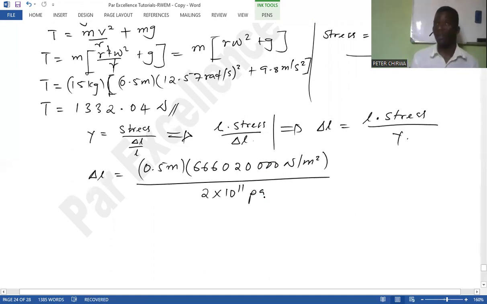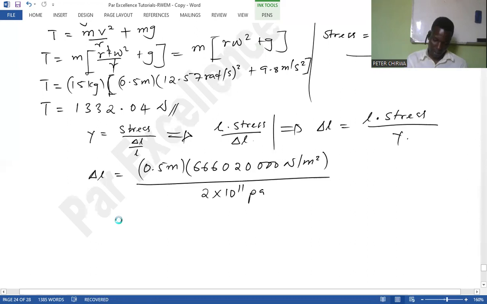We know that Pascal is actually Newton per square meter, because it's force over area.